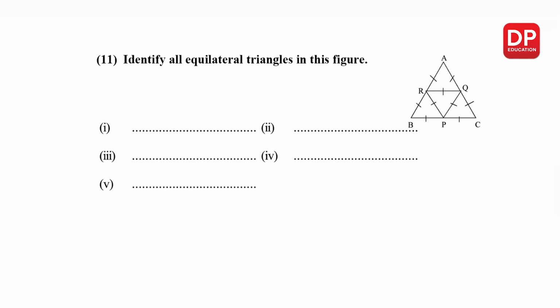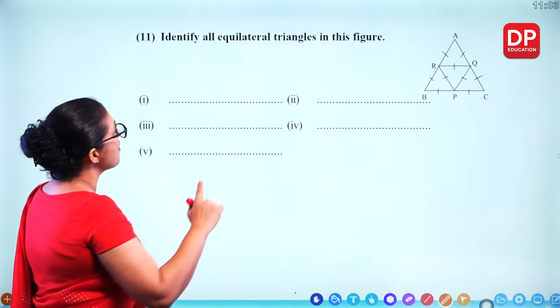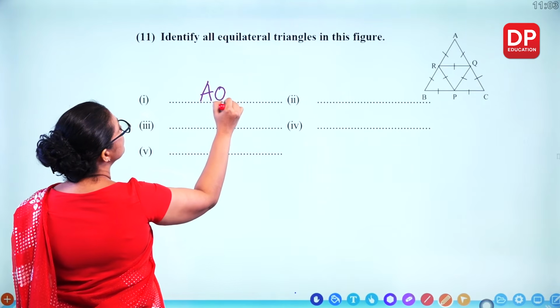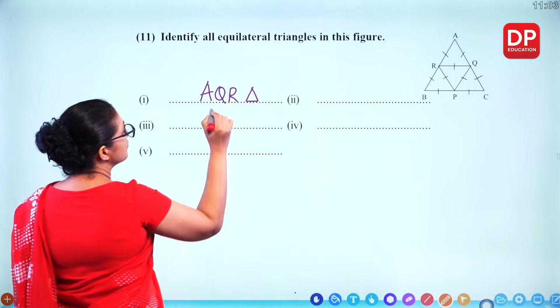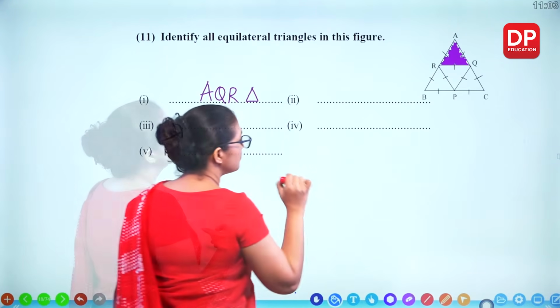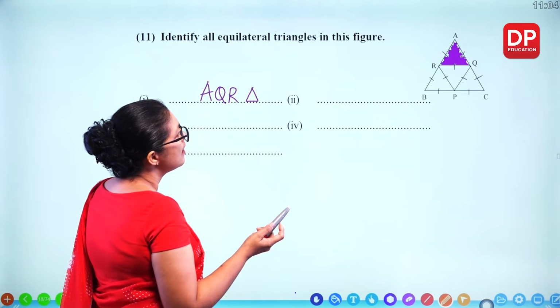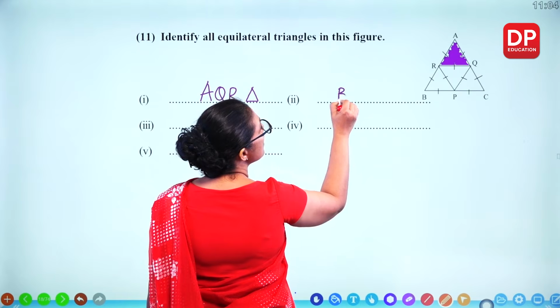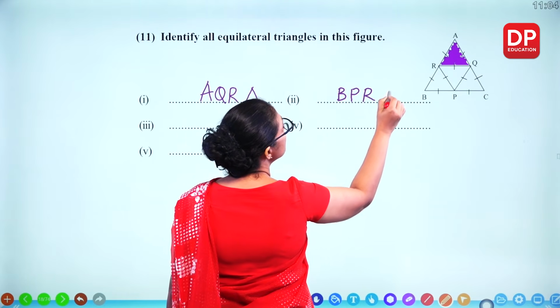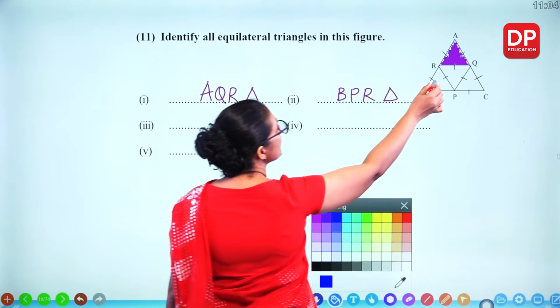Identify all equilateral triangles in this figure. All sides are equal. So I can first write AQR triangle. Look at the diagram and identify another triangle. BPR triangle. That's also an equilateral triangle. This one.